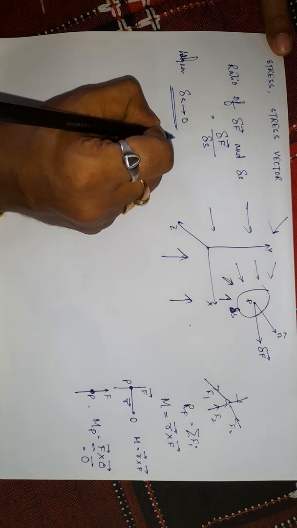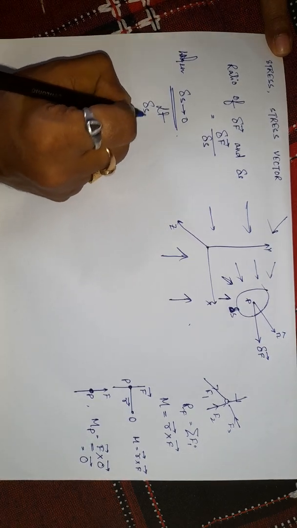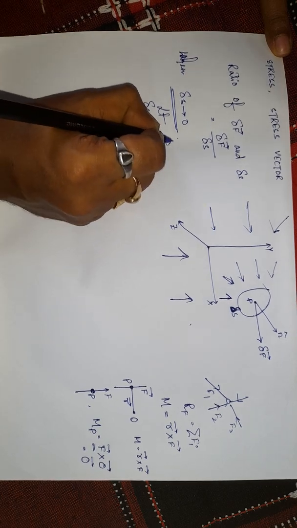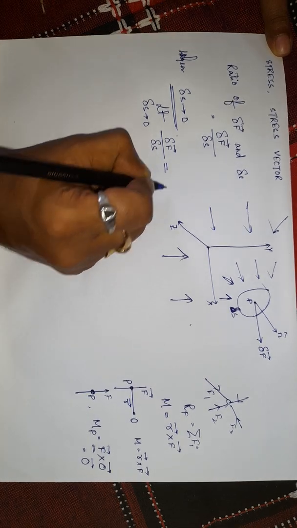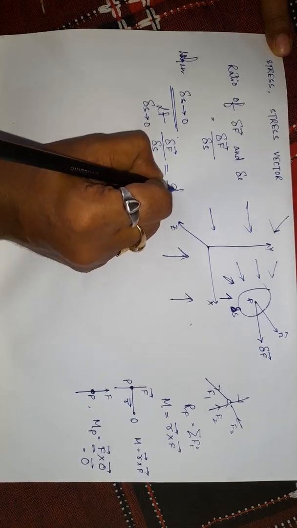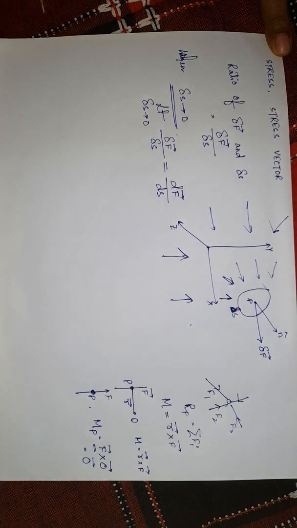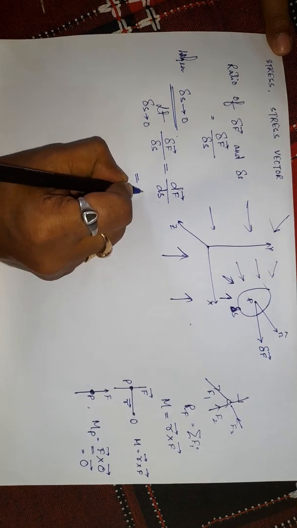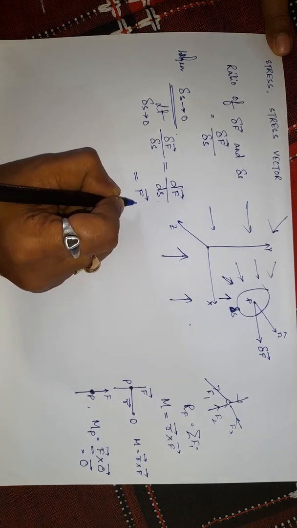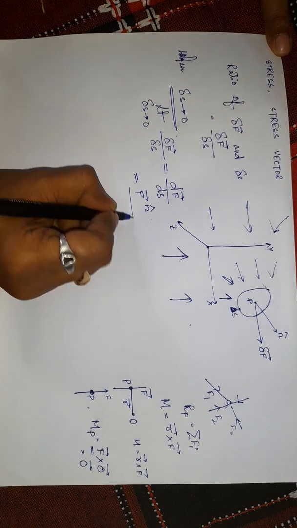The limit, when delta S tends to 0, tends to a finite or definite value, and we denote it by df vector by ds, or we can denote it by f vector n cap. Now it has some meaning.